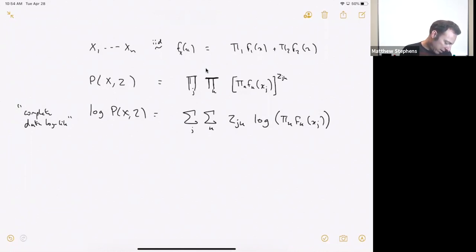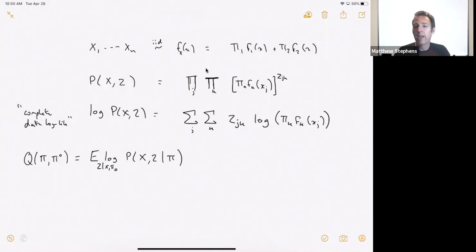So here, let's call it Q. It's going to be pi that I'm thinking about estimating here. So it's the expectation of Z given X and pi 0 of the log of P of X and Z. I guess I make it explicit that it depends on pi, and I'm thinking of F1 and F2 as given here.